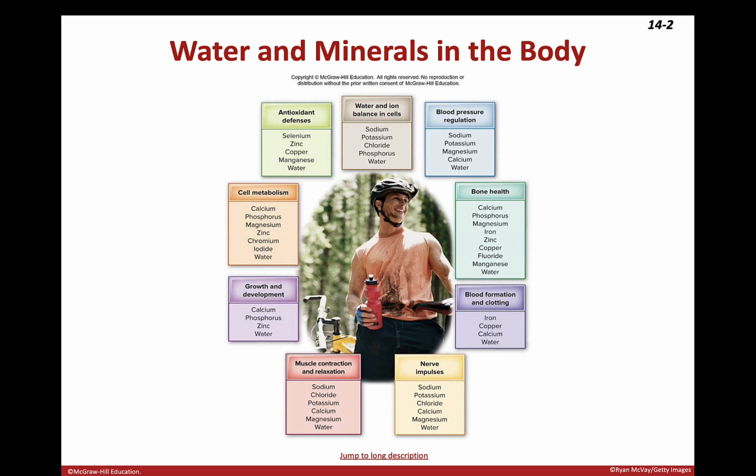So every single one of these functions relies very heavily on both water and major minerals. So please keep in mind, this is really why they are essential, because of the really important role they play overall in maintaining homeostasis.